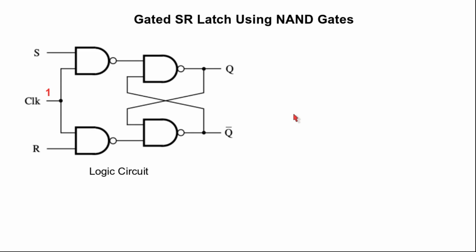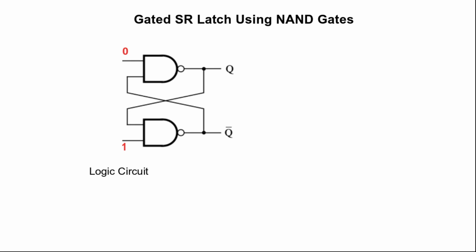When clock input is 1, the output of the NAND gate will depend on what the value of S and R is. If you consider S to be equal to 1, then the output of the first NAND gate will be equal to 0. And if you consider R input to be 0, the output of the second NAND gate will be 1. So we have a situation where the two inputs to the basic SR latch using NAND gates are 0 and 1 respectively. And if you remember, this is your S input and this is your R input in the basic SR latch using NAND gate.